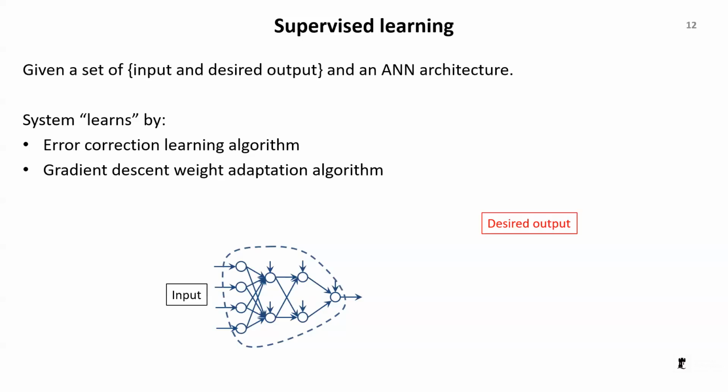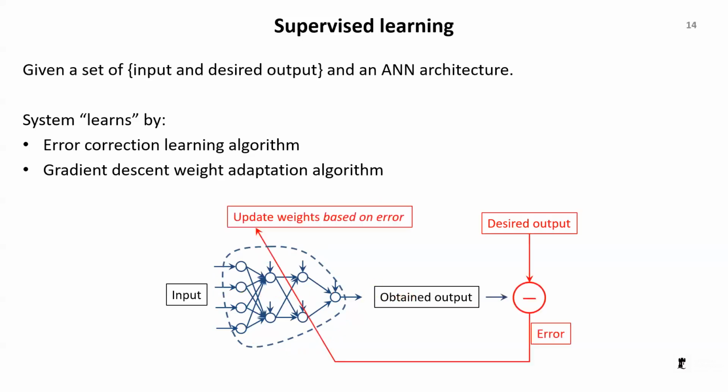We call this gradient descent weight adaptation. We will see that not this week but next week. We try some kind of weight, look at what we get, find the error, and then update the weight based on the error that we see.